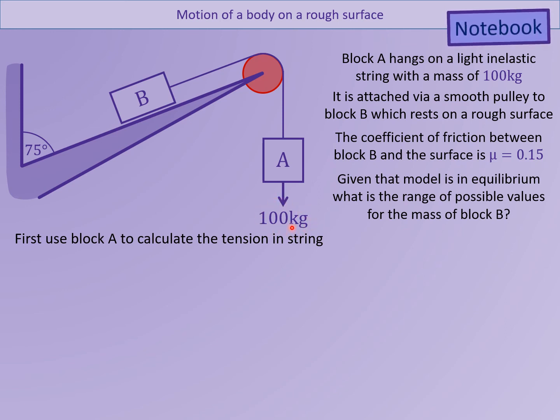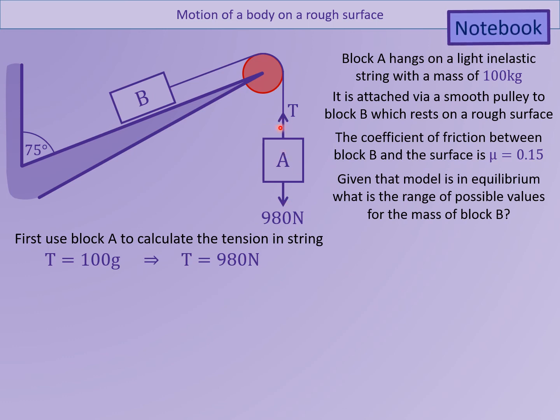So be careful, that's its mass pulling downwards. What's its tension? Well, its tension is going to be equal to the force pulling down. So if you've got 100 kilograms as its mass pulling down, tension is going to be 100 g, which is 980 newtons.